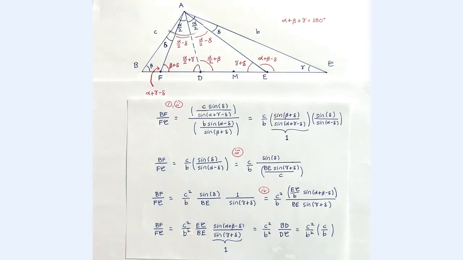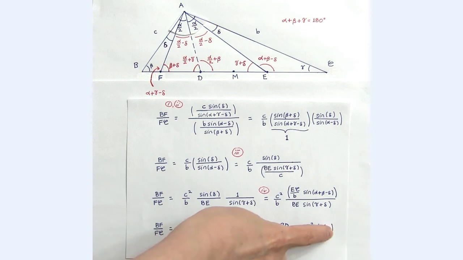Or, if you didn't happen to know the angle bisector theorem, you could get it from our 6 equations that we got from the law of sines, because after all, the angle bisector theorem, that's where it came from. It came from the law of sines. So I can get this as C over B.